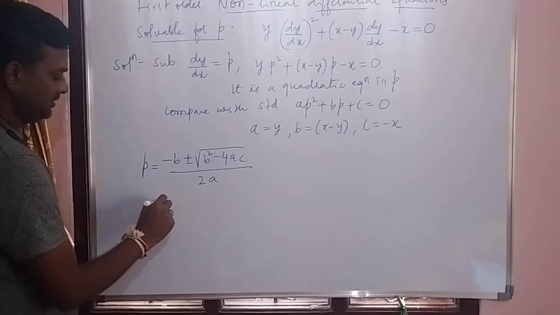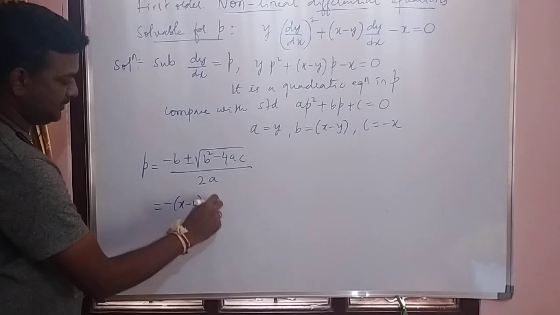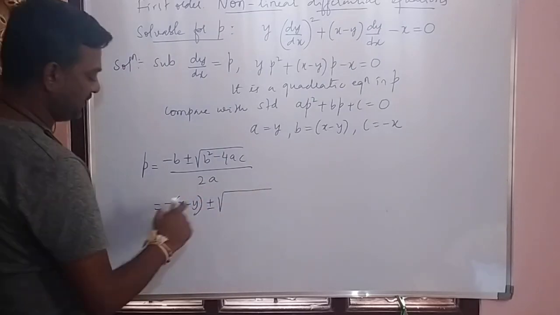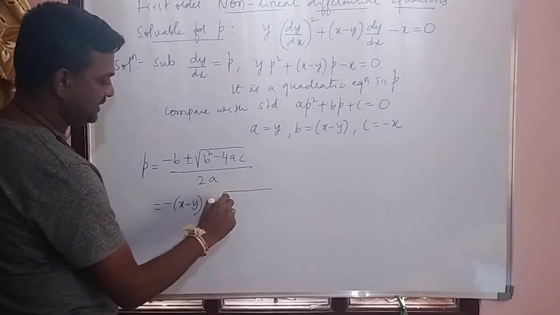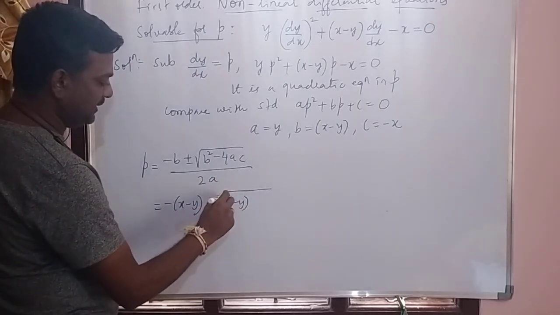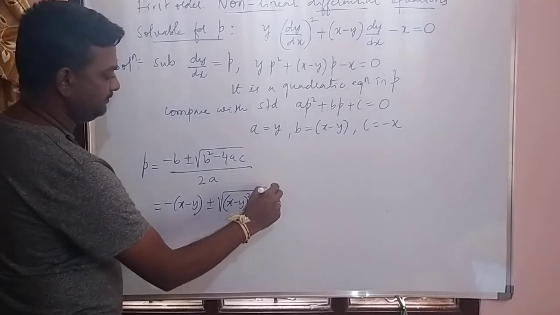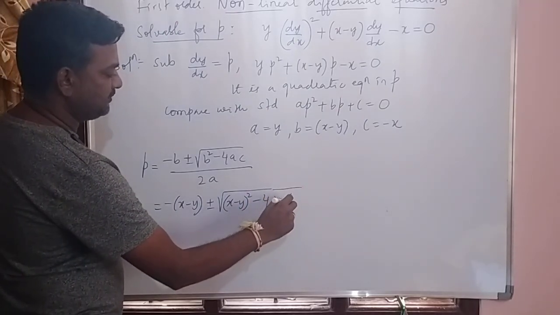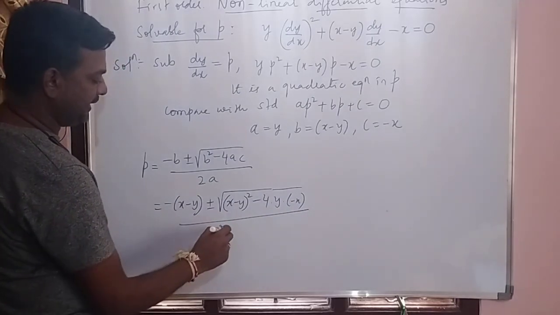Minus b, minus of (x minus y), plus or minus square root of b square, that is (x minus y) whole square, minus 4 times a is y and c is minus x, divided by 2a, a value is y.